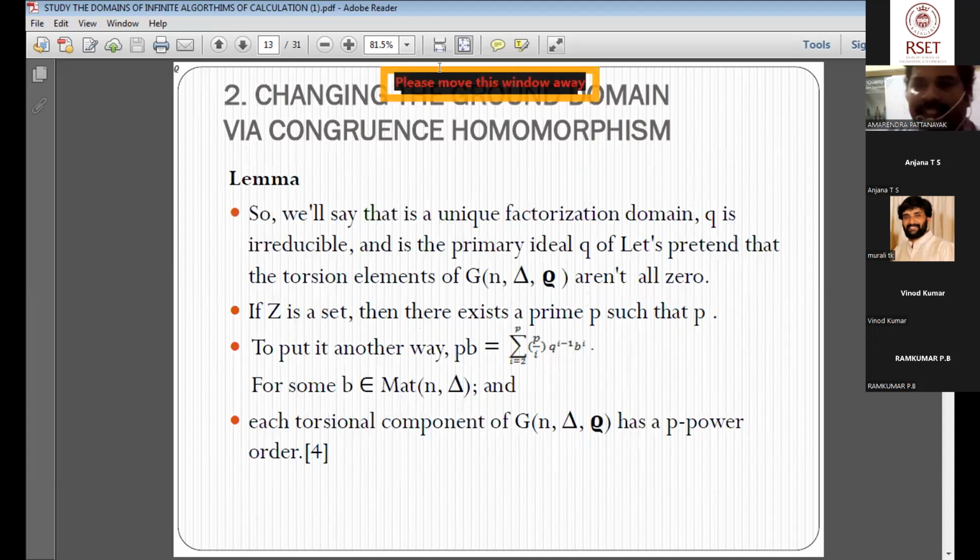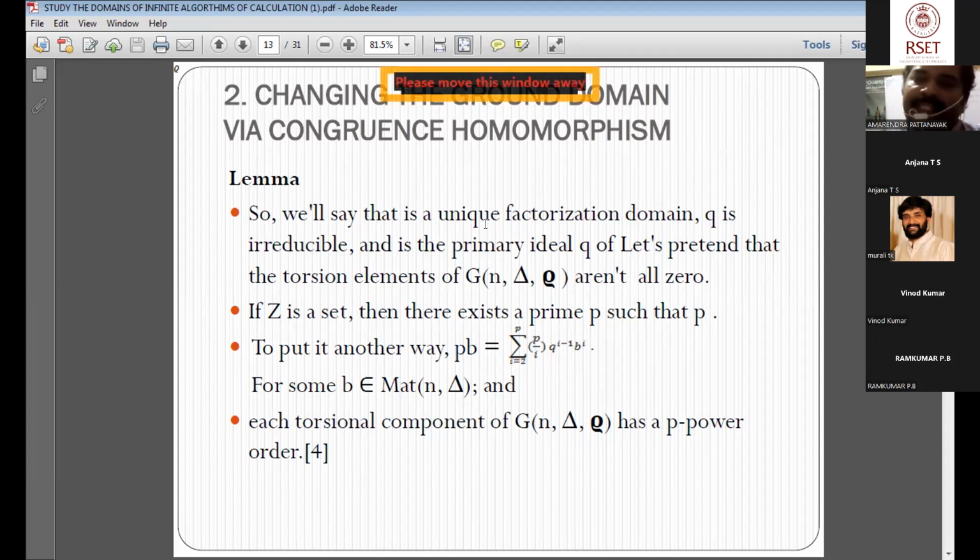Changing ground domains via the congruence homomorphism lemma. So we will say that R is a unique factorization domain, Q is irreducible and is the principal ideal Q of R. Let's pretend that the torsion element of G of n, delta, rho is not all 0.